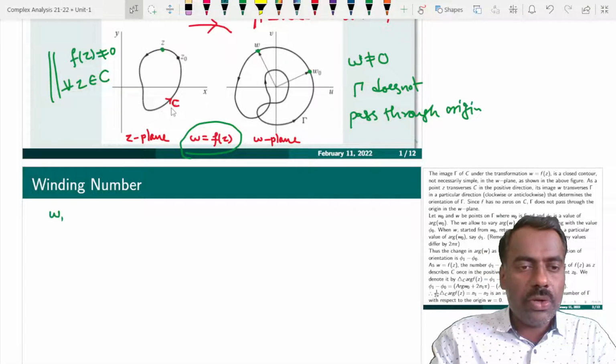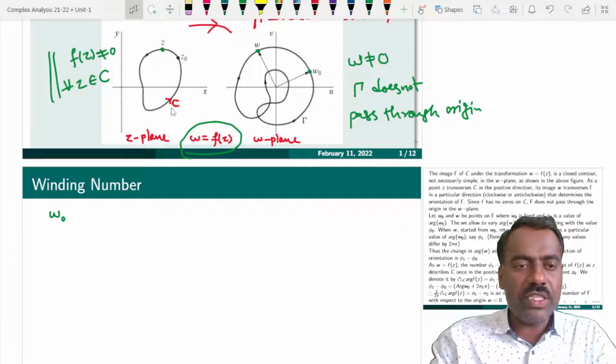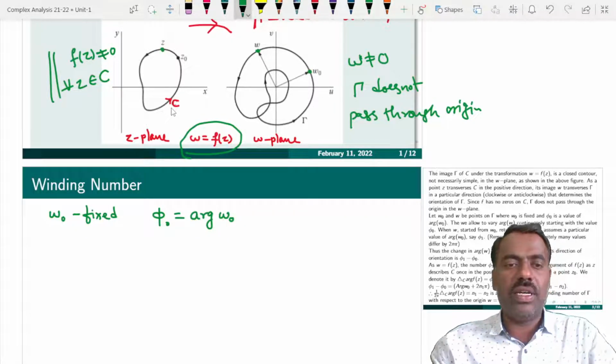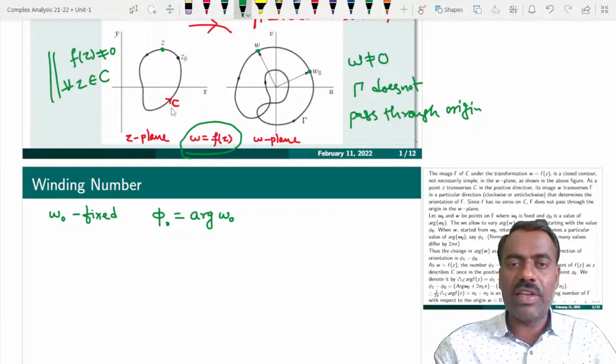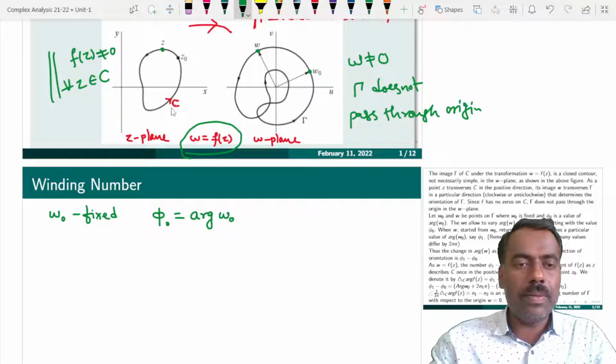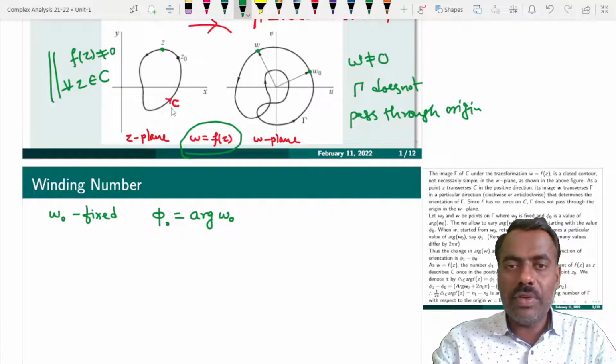Take this W naught in the W plane, which is a fixed point, and call phi naught the value of the argument of W naught. We know the argument of any complex number takes infinitely many values. Then take W starting from W naught, go through the entire curve gamma, and reach W naught again.